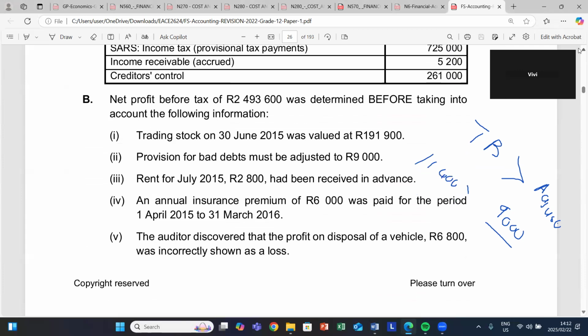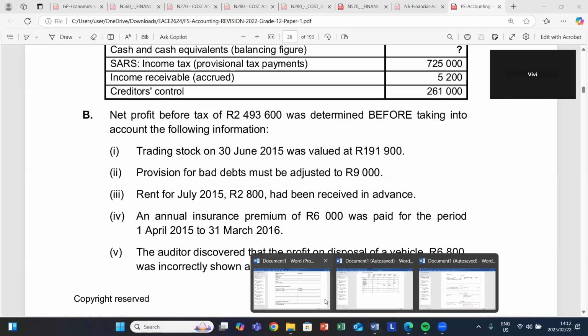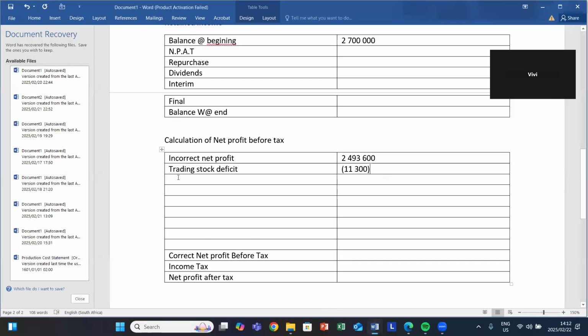It's an income. So you will say 11,400 minus 9,000, in which you get 2,400. So 2,400 is your provision for bad debts, which you're supposed to record in your income. Provision for bad debts adjustment.